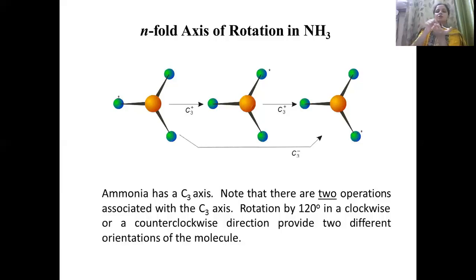Another 120 degrees. Now this is your identity, 360 degrees. So for the ammonia molecule, two types of rotations are possible. I can rotate the molecule through that particular axis in the clockwise direction as well as in the anti-clockwise direction.